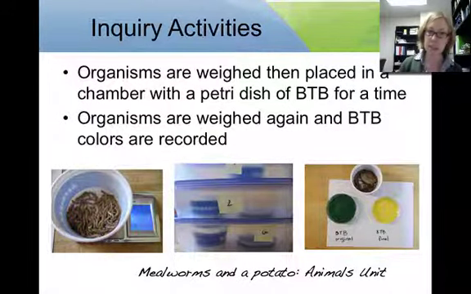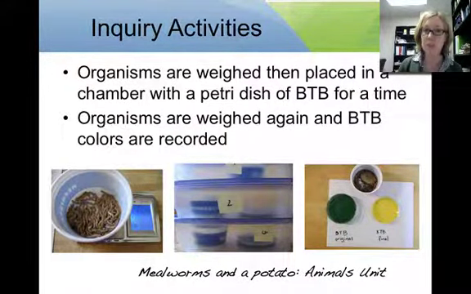And so here you can see that because the mealworms are doing cellular respiration, the BTB turns yellow, and the students will also find that the weight of the mealworms increases because they've been eating, and the weight of the potato decreases because it's been eaten. And so then you use this investigation to talk about cellular respiration and digestion and biosynthesis.